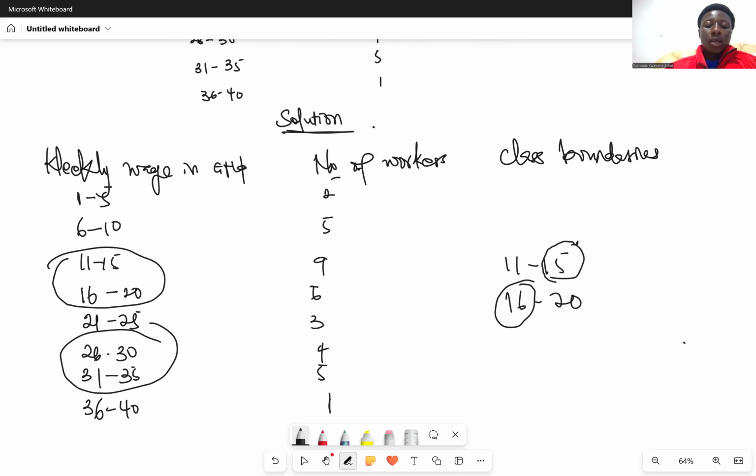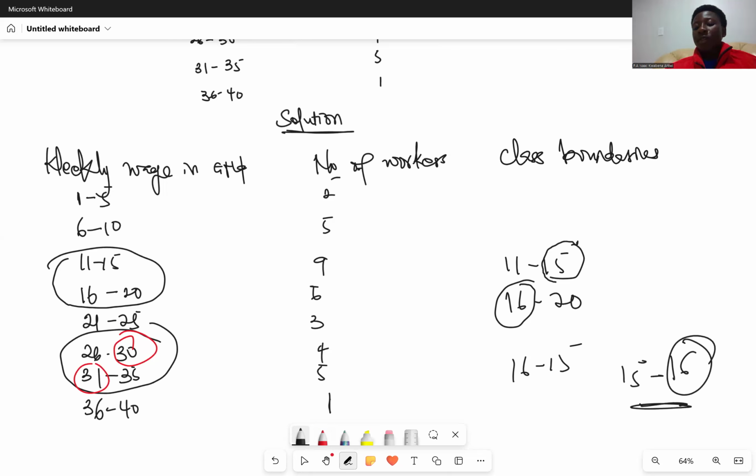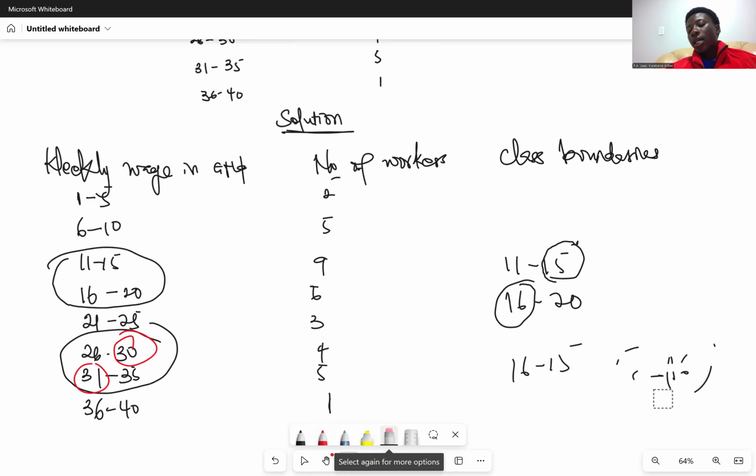So if I say find the difference, that means it's going to be 16 minus 15. Difference means subtract, but apply common sense. You can't subtract 16 from 15, because 15 is smaller. When we say difference, we want you to subtract the smallest from the biggest. That's the whole point. Jackie, do you understand?